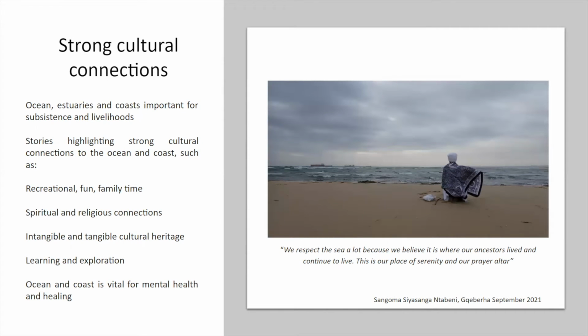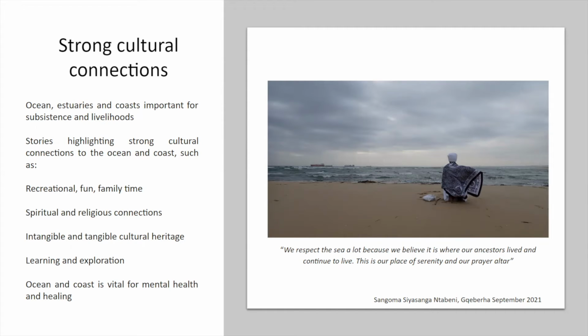And what really came out from the stories and the photographs was strong cultural connections to the ocean and the coast. And when I talk about cultural dimensions from the start of this presentation, that wasn't something we necessarily knew from before.